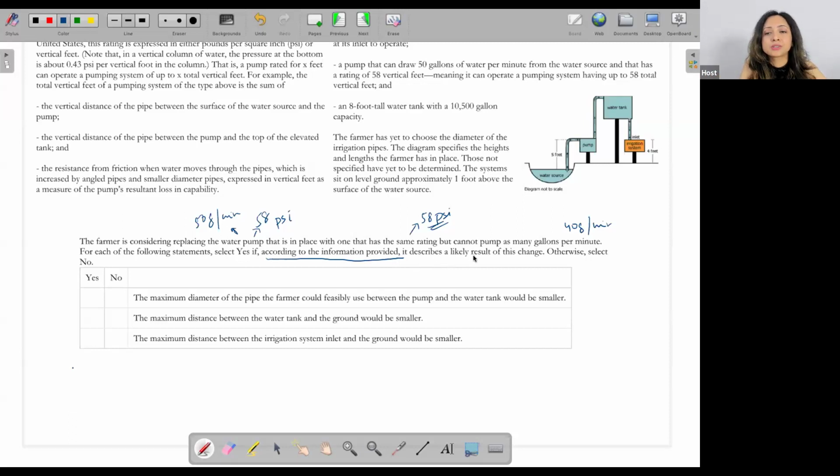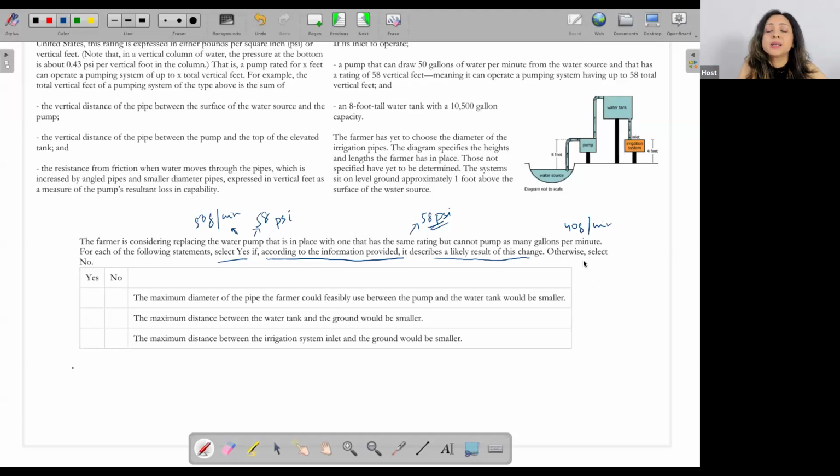It describes a likely result of this change, otherwise select no. So I have to select yes if according to the information provided, it describes a likely result of this change, otherwise select no, which means that I have to say yes if it is likely to be true, likely to be a result, but I have to say no in case it is not likely to be the result, or if I cannot figure out whether it is likely to be the result or not, right?